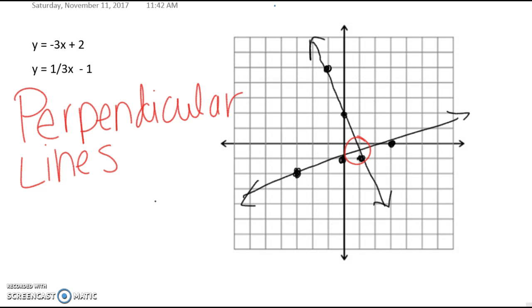What I want you to do is go back and look at the two slopes. So our top slope was -3 over 1. Our bottom slope is +1 over 3. And hopefully you notice by looking at those that they are reciprocals. Those slopes are reciprocals.